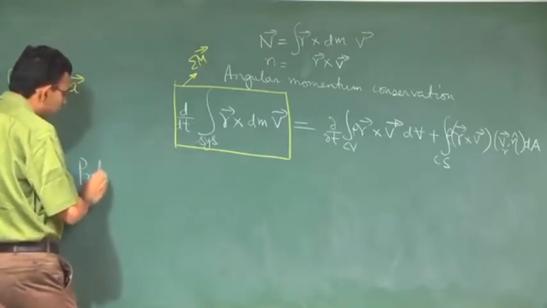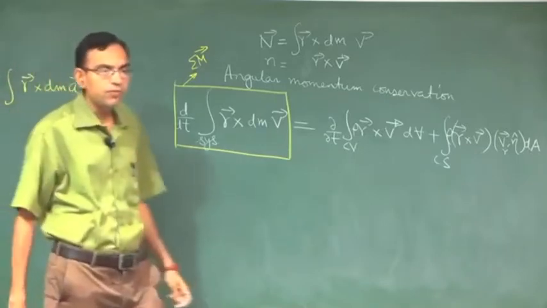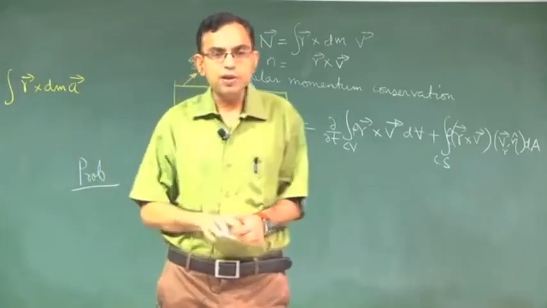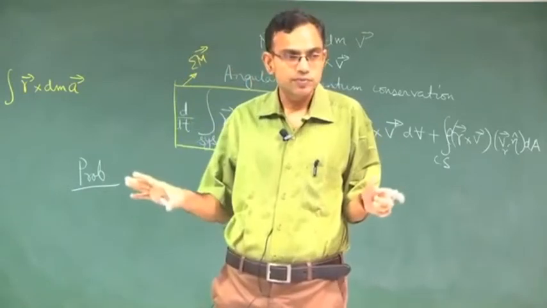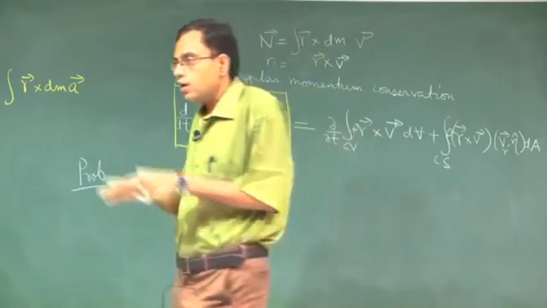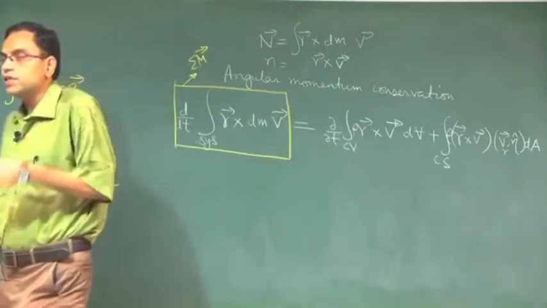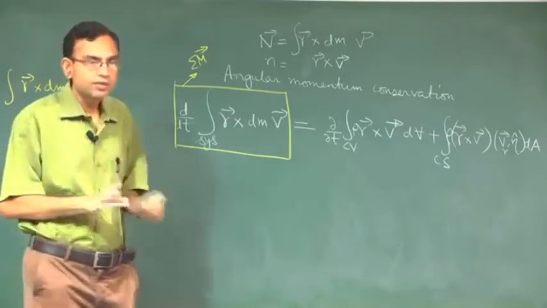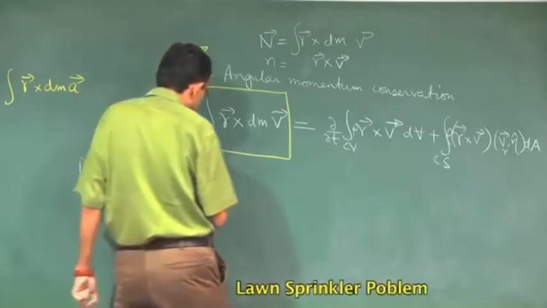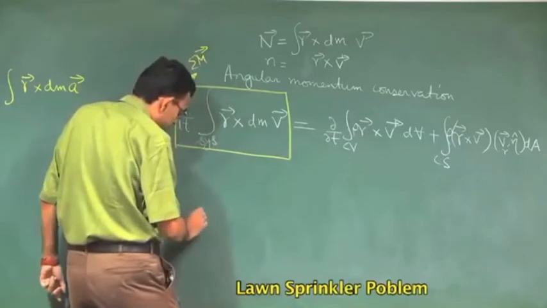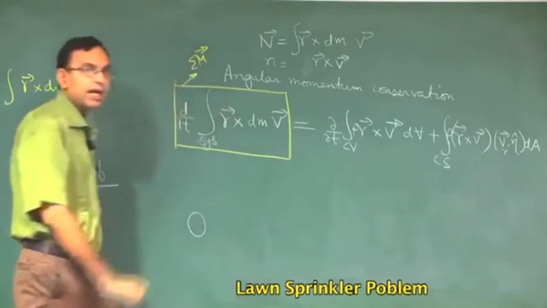This is the most popular problem of angular momentum in fluid mechanics. This is the problem which is there in all books, no matter how nicely written or badly written the book is, but this problem will be present. So the problem is something like this.